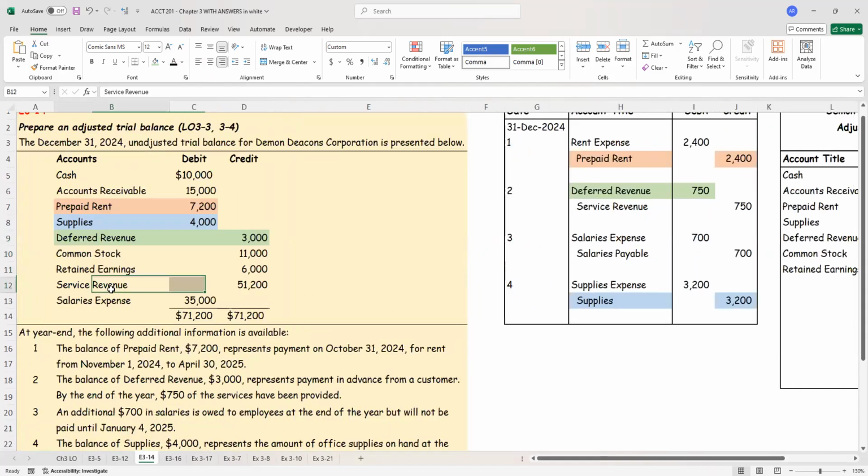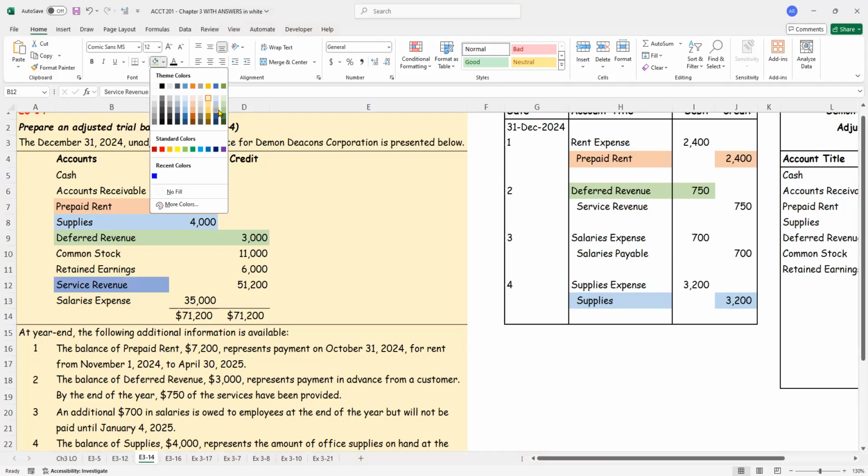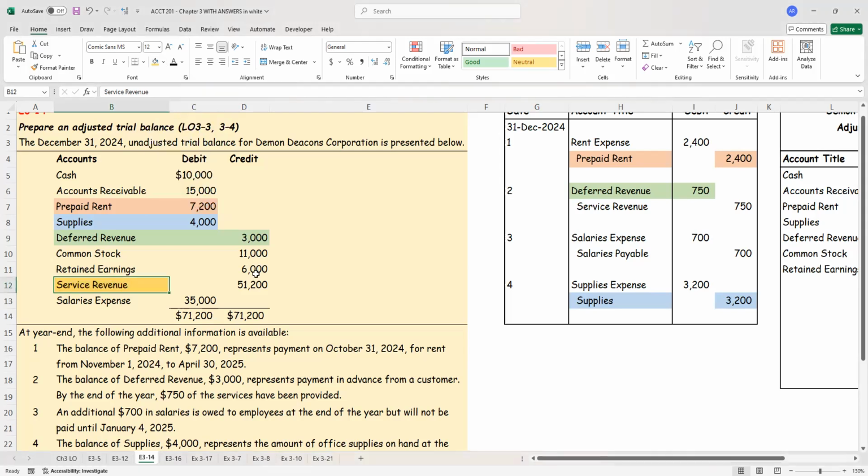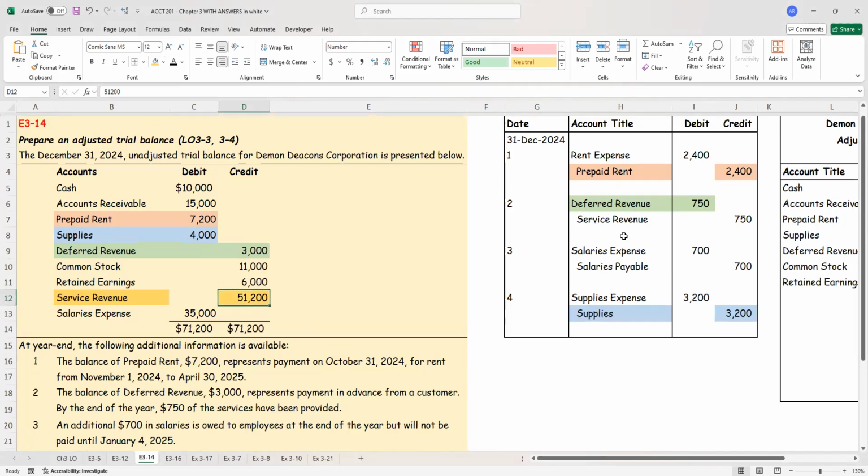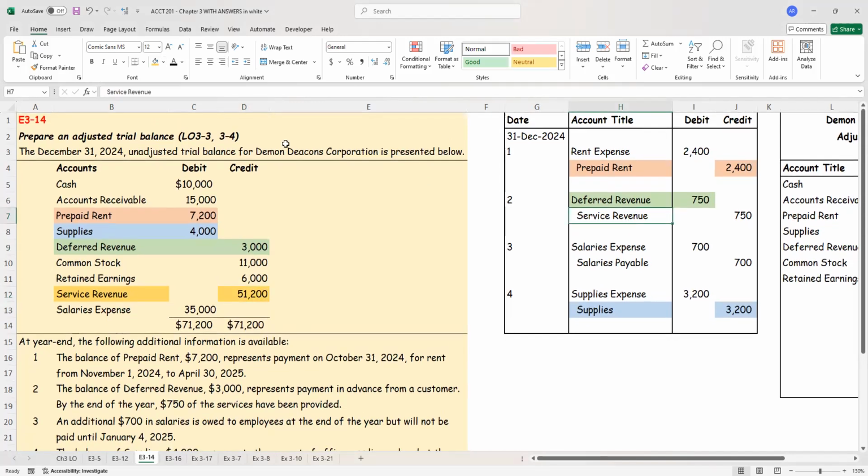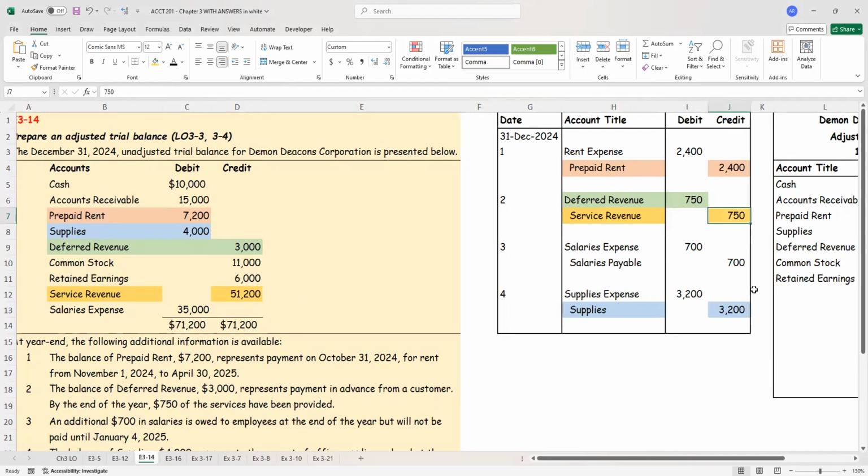Okay. The next number is service revenue. Now, service revenue, again, looking for a different color over here. Service revenue, I have 51,200 and I have service revenue 750. 51,200 is credit, 750 is credit.